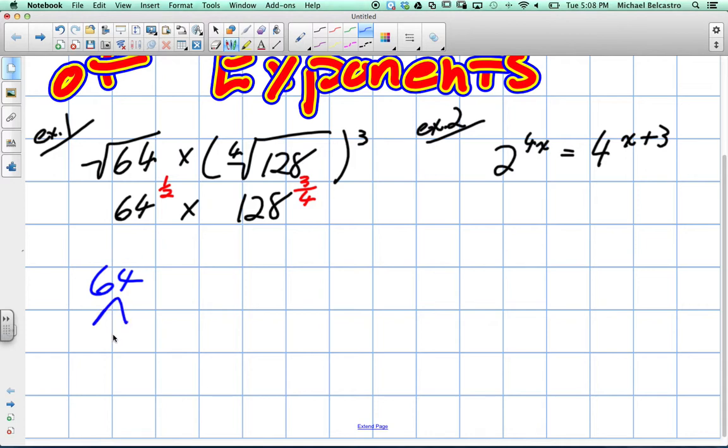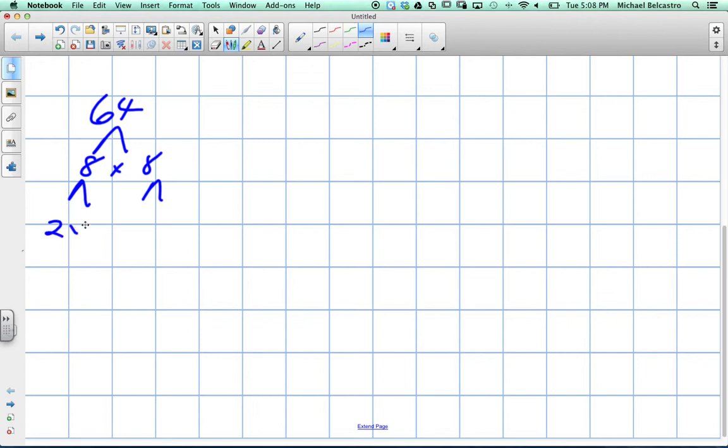So what are 2 factors of 64? 8 and 8. Yeah, they work very easily. And can we break 8 and 8 up? 2 and 4. Yeah, 2 and 4. And can we break those into any more basic factors? 4 can be 2 and 2. That's right.